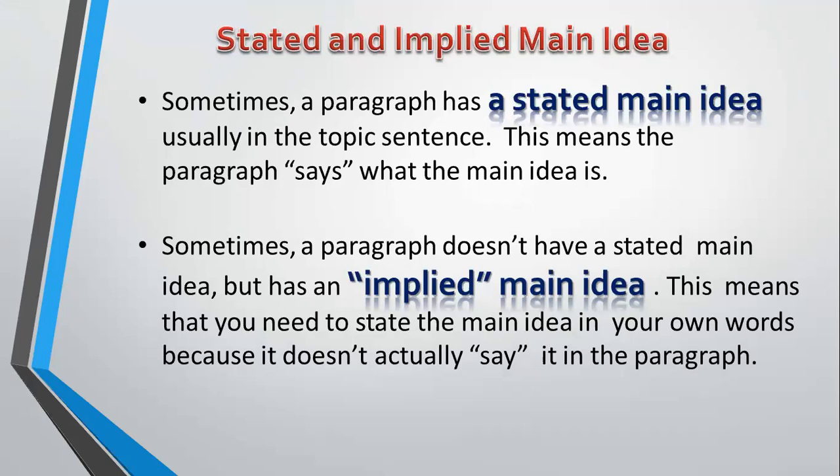He wants you to think about the main idea and understand it by yourself. So he never tells the main idea in the beginning, but makes you understand it. In short, the stated main idea is the clear one in the first sentence. The implied main idea is the one that you understand and it's not mentioned in the first line.